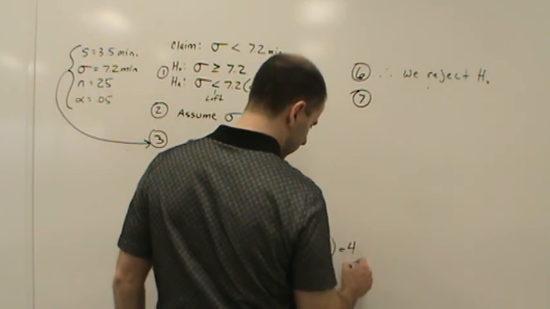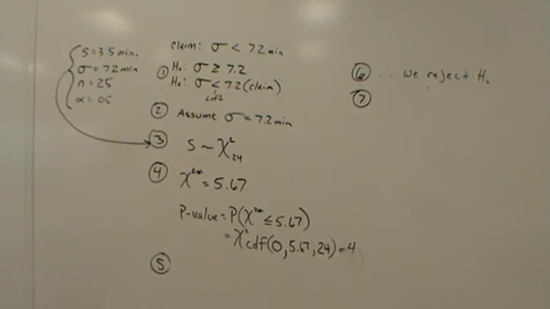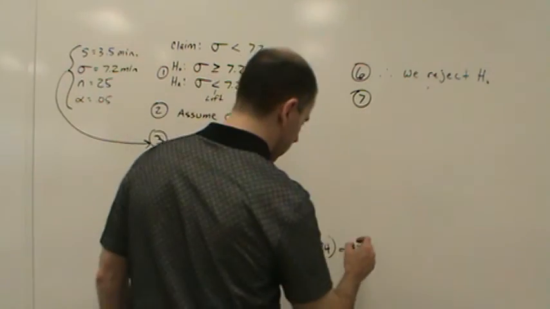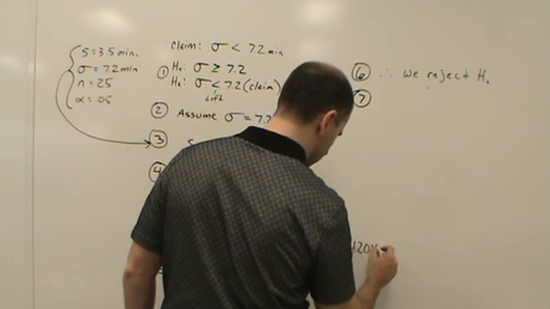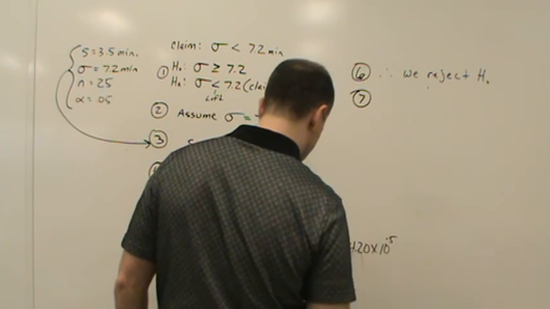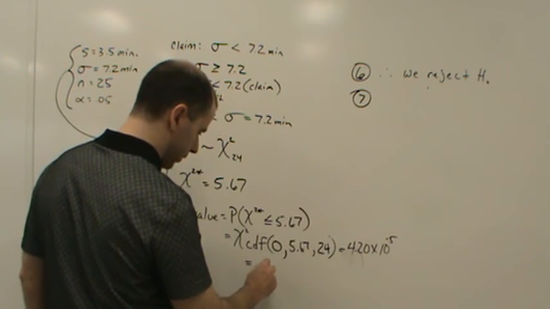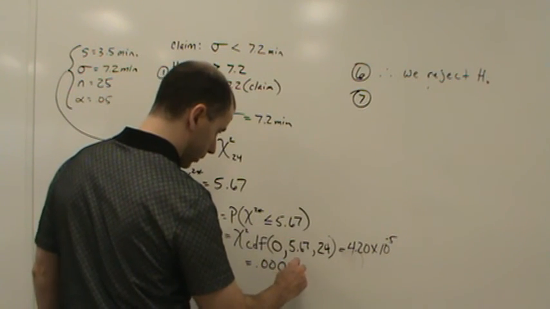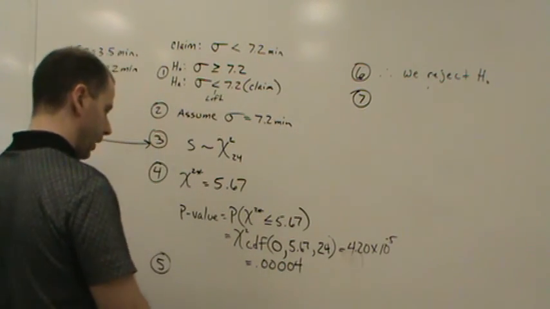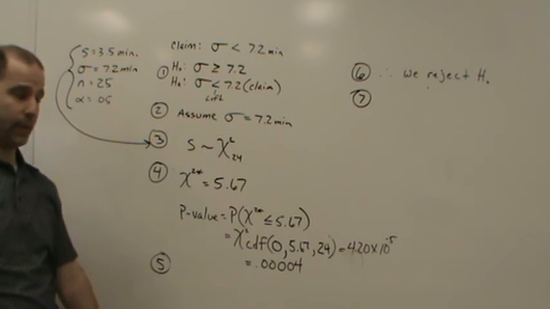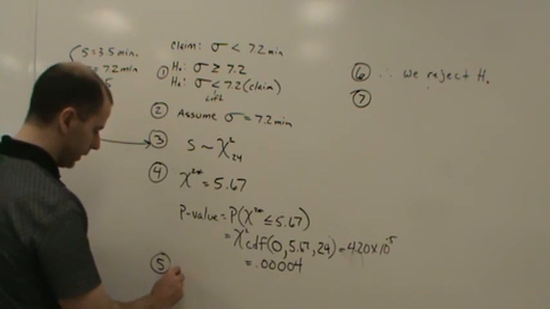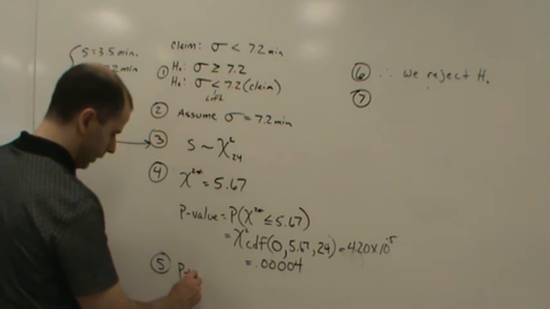So I get 4.20 times 10 to the negative 5th power, which you can change to a decimal as 0.00004. Of course, we compare our p-value to alpha, and we get the same result.